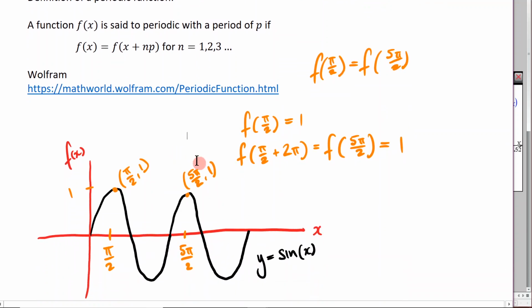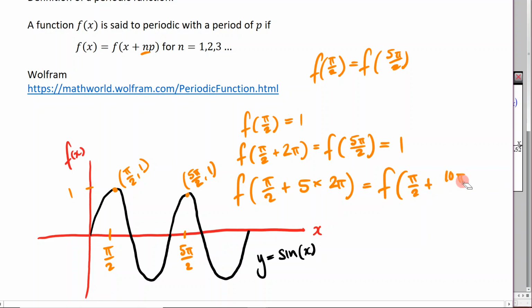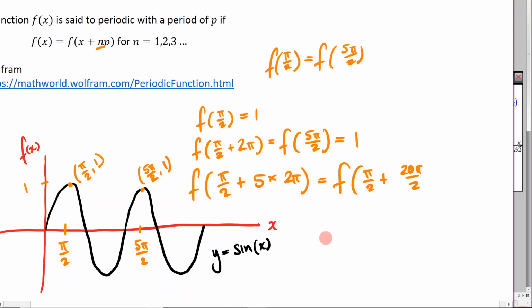And obviously, we could just keep following this logic. I could go pi on 2, and my n value here I could make whatever I want. Let's make it 5, so 5 times 2 pi. That's f of pi on 2 plus 10 pi, which I'm going to write as 20 pi on 2, because that's the same thing.